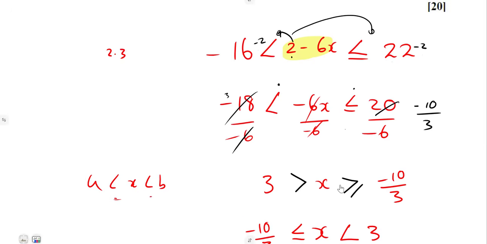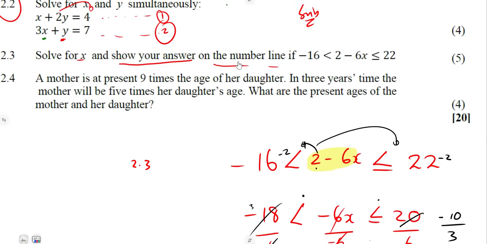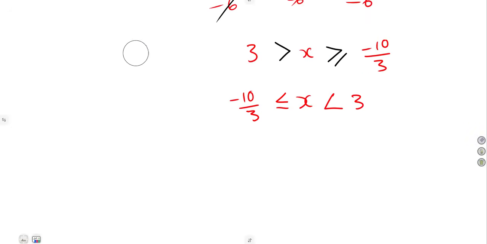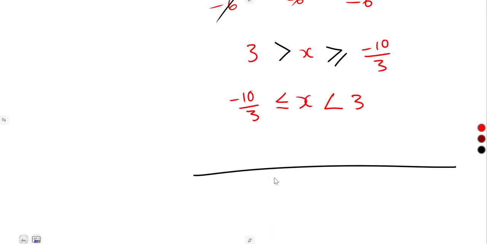But they told us that we must also represent it on the number line. On the number line, what we just need are the critical values: minus 10 over 3 and positive 3. For greater than or equal to, you shade the circle.